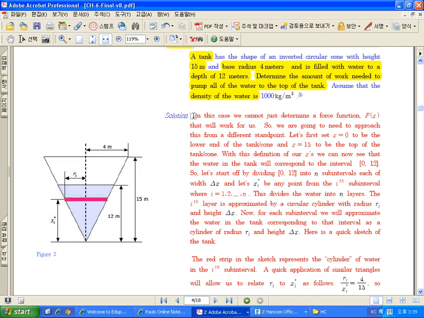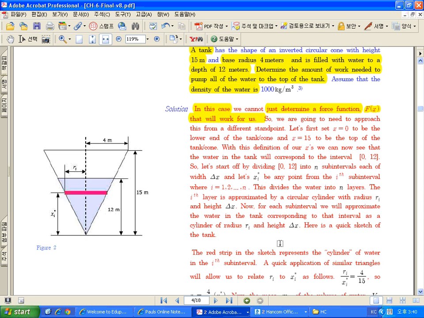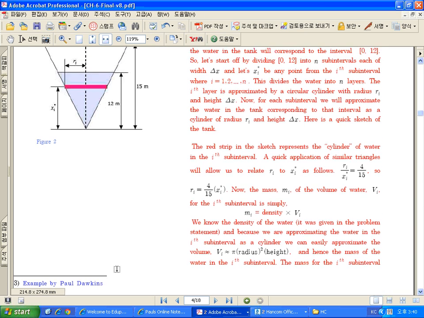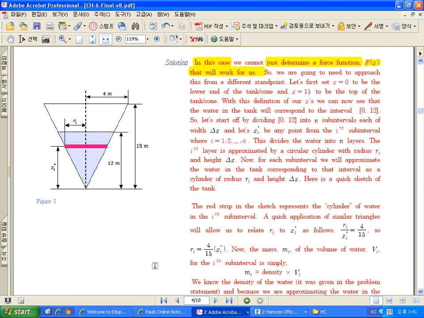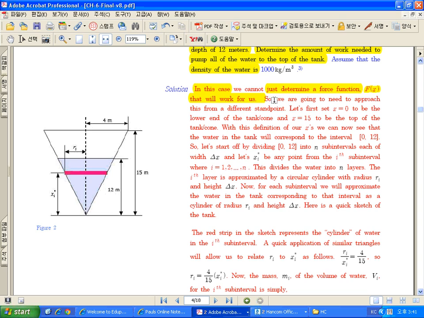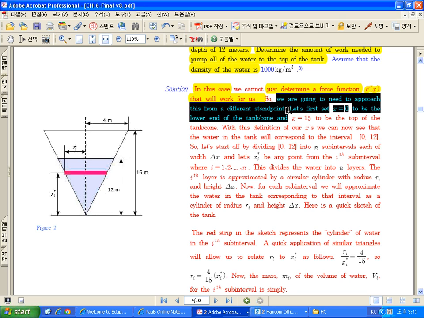In this case, we cannot just determine a force function f of x that will work for us. This is a very typical example of this case, introduced by Paul Dawkins. We need to approach this from a different standpoint.